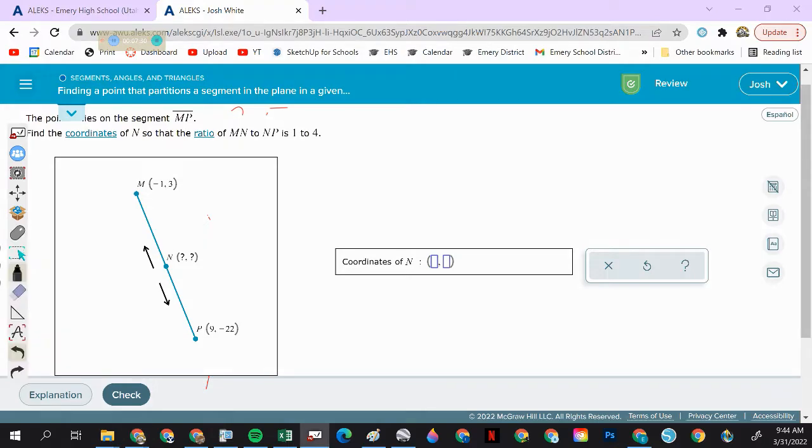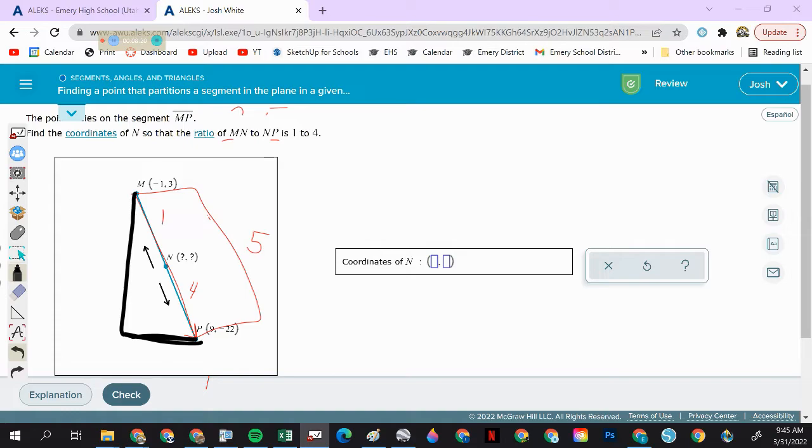All right. So we are moving from M to P. So when we move from M to P, the MN portion is a 1, and the NP portion is a 4. So the full movement is out of 5. Okay? So how far does my x value change?